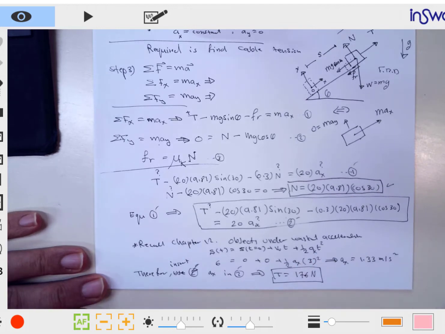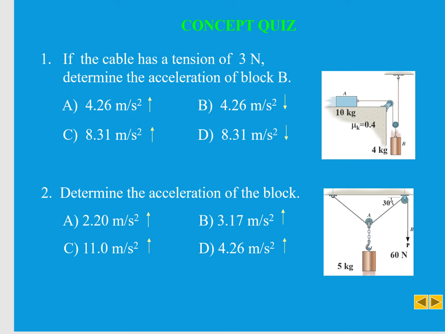We'll take another example. It says here, if the cable has a tension of 3 Newton all the way, determine the acceleration of block B, how much it accelerates.